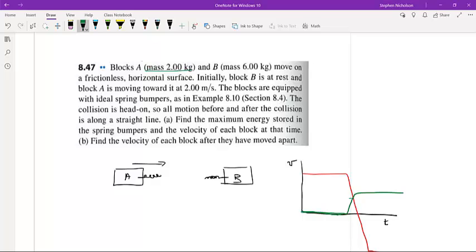And there is this point where they are going the same velocity. That is the case where you have the maximum energy stored, because when they are going the same velocity, their relative velocity is 0, because they're both going the same direction at the same time.